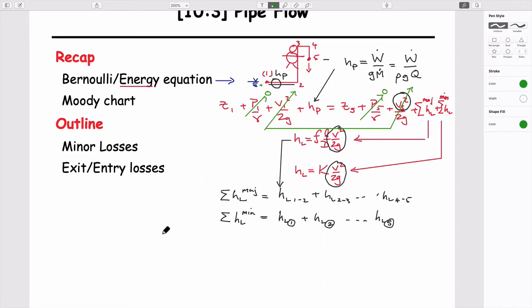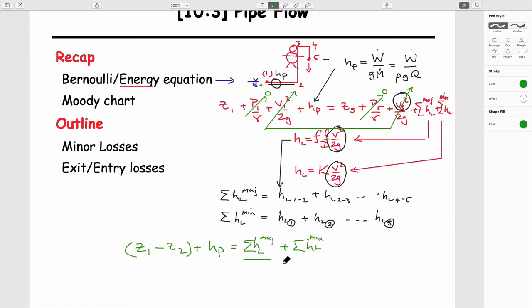And actually the expression that we'd be left with would be that Z1 minus Z2, plus the pump head, is equal to the sum of the major losses and the sum of the minor losses.